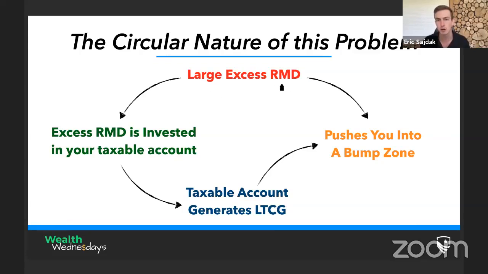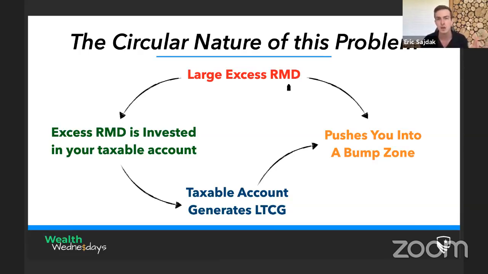Well, these large RMDs are going to push them up into higher brackets. If they weren't already subject to this first bump zone, it's certainly going to push them into that first bump zone. It might push them high enough where they're now subject to that net investment income tax, so tacking on an extra 3.8% tax. If the RMDs are large enough, it could push them through every single bump zone, and they have no ability to do anything about it.